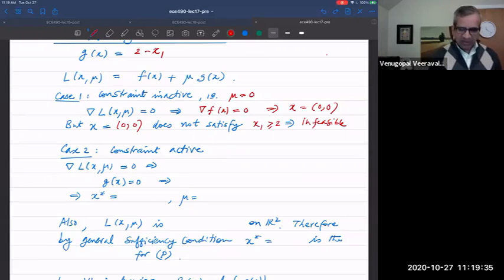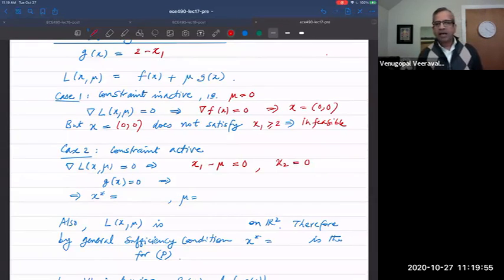Okay, so now we use the Lagrangian to find what x star and mu are. If you set the gradient of the Lagrangian to 0, the first component is x1 minus mu, set to 0, and the second component is x2, set to 0.